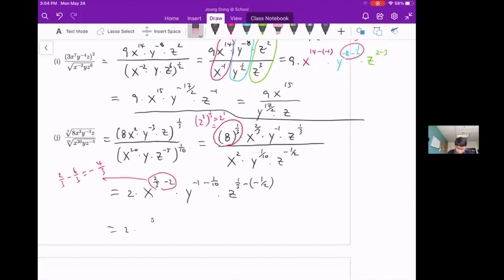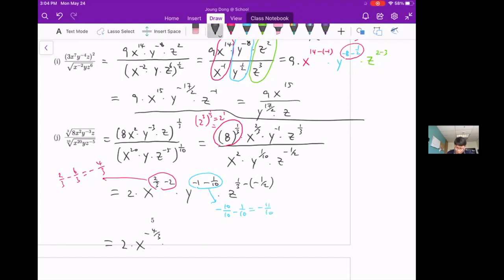Let me write this one a little bit lower. Okay. And then what about the y term? On the side, -1 is negative 10 over 10 minus 1 over 10, which is negative 11 over 10. Right?